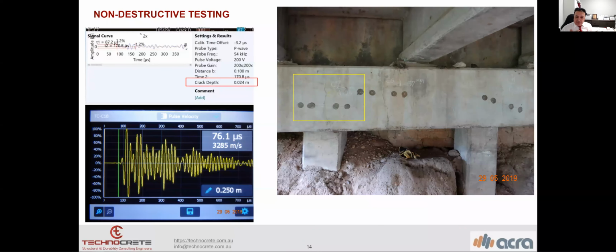Then we have to obtain all of that information with non-destructive testing, for example the size of the rebar and the arrangement of the rebars. We have to do specific site measurements in order to be able to model the structure.